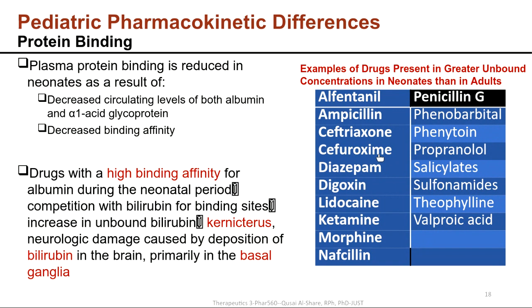Then you will have a toxic level of that drug. So we have alfentanil, ampicillin, ceftriaxone, cefuroxime, diazepam, digoxin, lidocaine, ketamine, morphine, nafcillin, penicillin G, phenobarbital, phenytoin, propranolol, salicylates, sulfonamides, thiopental, and valproic acid. All of these medications have a greater unbound concentration in neonates as compared to adults.